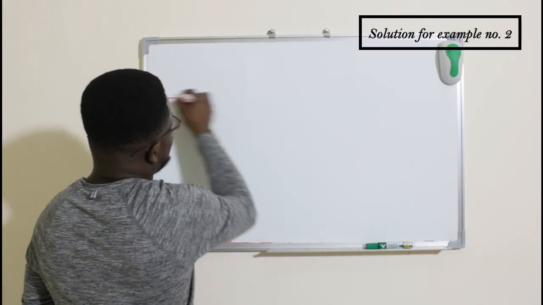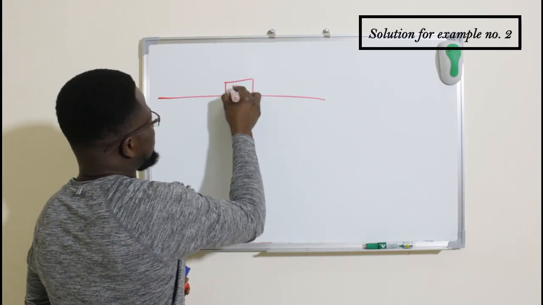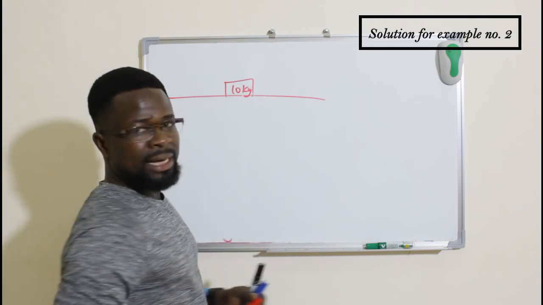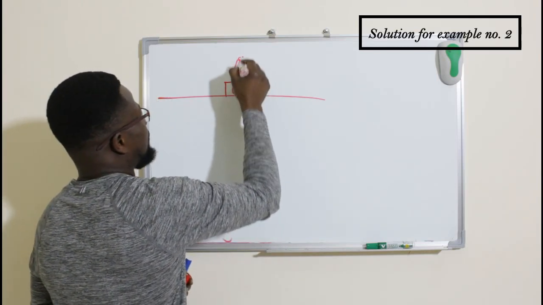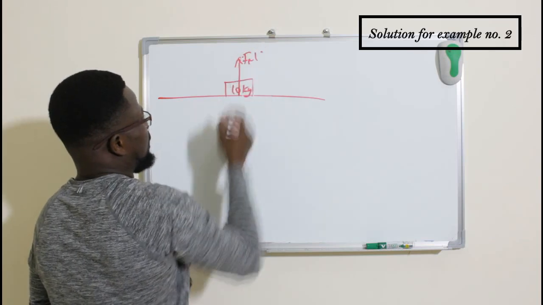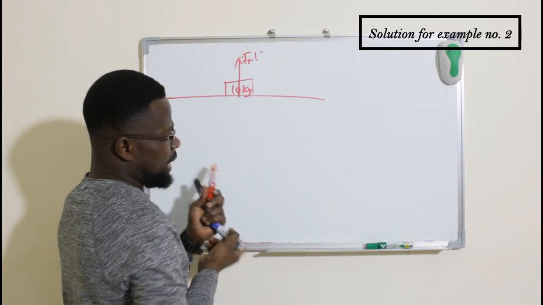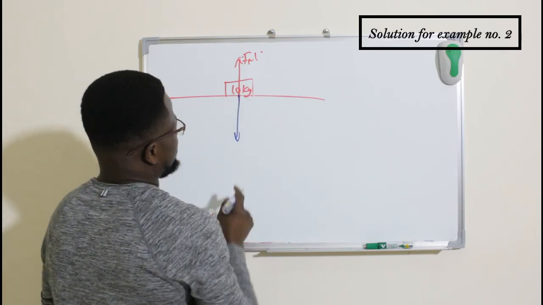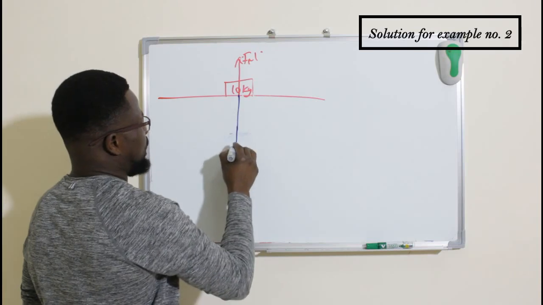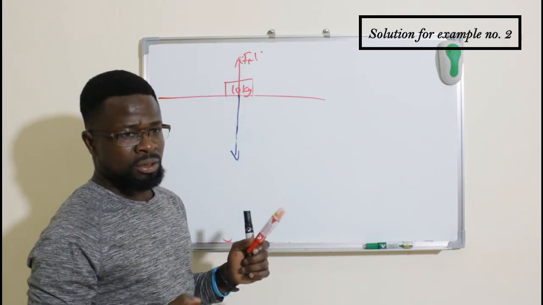So we can see that this is a table and this is the candy. The candy we were told is 10 kg. There is a normal force here, and there is a weight also on this side. This time around I'm going to make the weight longer than the normal force.